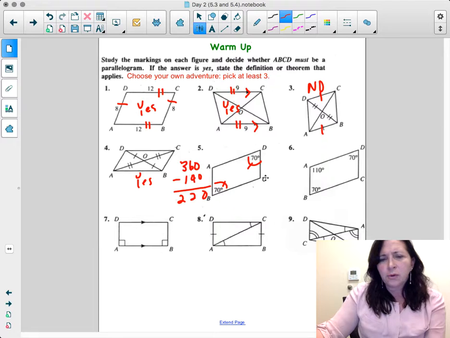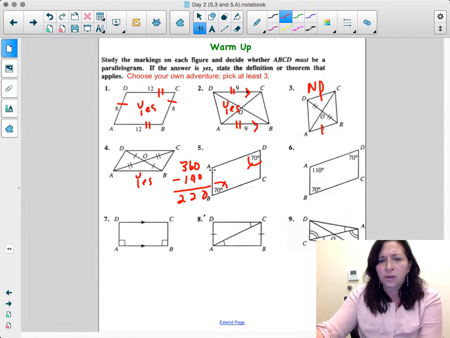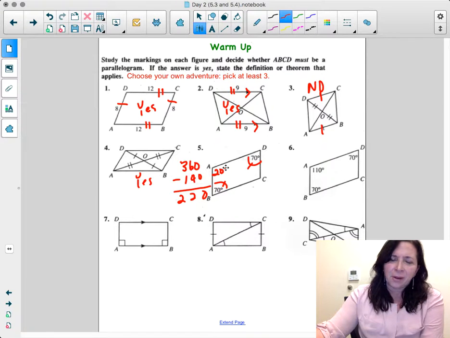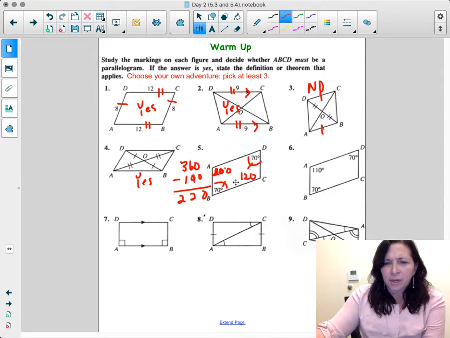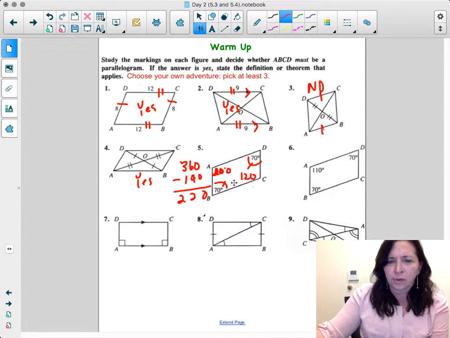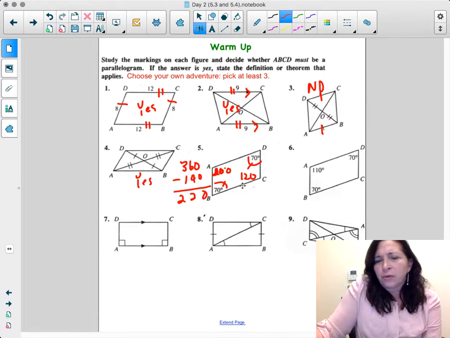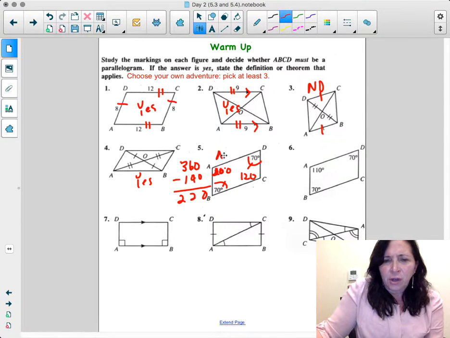Now, I don't know which one. It doesn't say that these are congruent. So let's say this is 100, and this one is 120. We don't know that those are congruent. So if we don't know that those are congruent, you're going to say no. This quadrilateral is not a parallelogram.